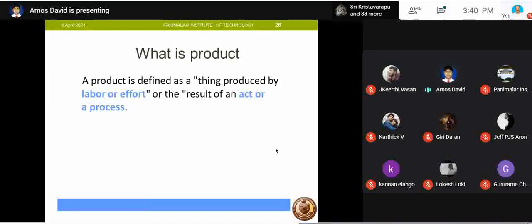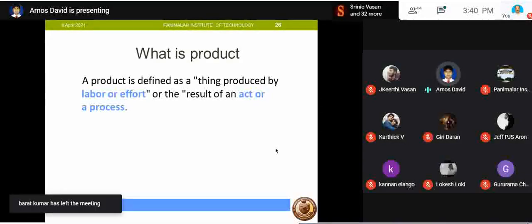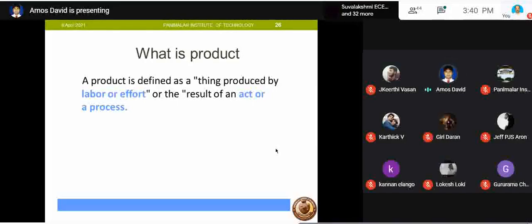That means that there are certain people who are working towards your future and efforts are being put in. So that is why you are called a product. Understood? Same way, a lot of effort is being put in, and then the car is being developed. All the laborers in the manufacturing plant are putting a lot of effort into it. So that is how a product is coming out, right?